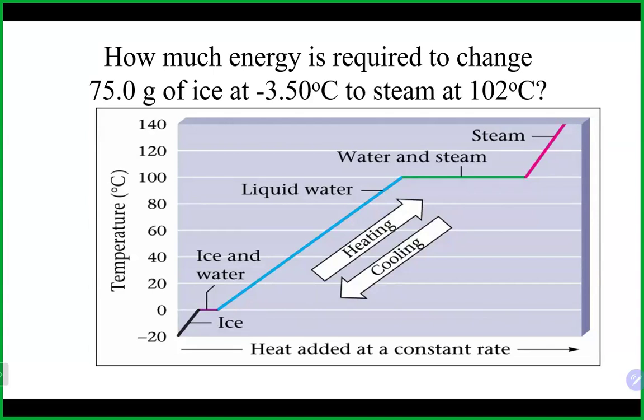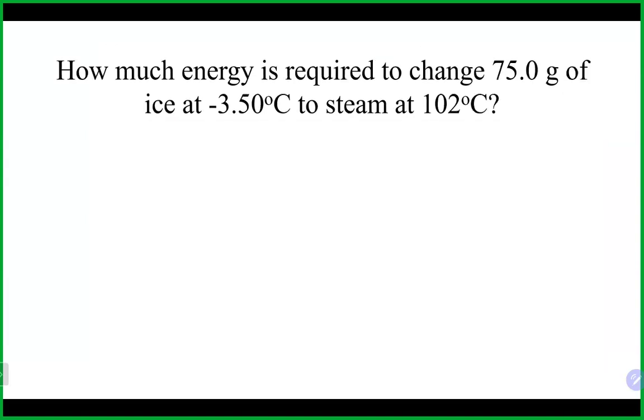So for example, if we were going to start this one, we're going to start right about here. And the first thing that we would do is take it from minus 3.5 degrees Celsius to 0 degrees Celsius ice. So we're not going to change the state. Let's take a look at what that calculation would look like.